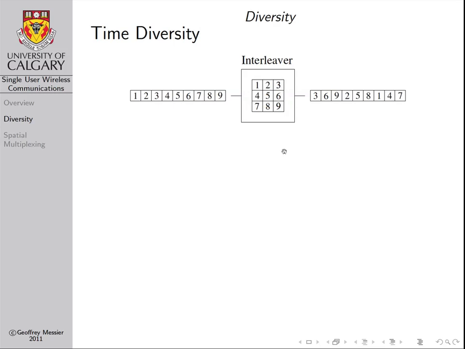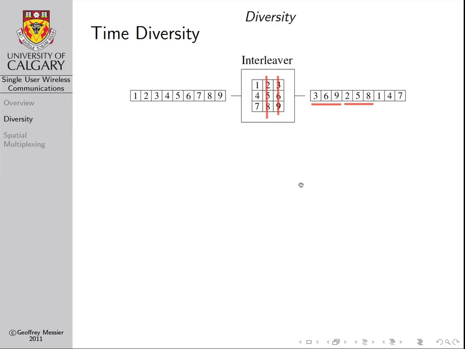Now, when outputting the bits from the interleaver, we output them column by column. So the first 3 bits in the output frame correspond to the first column. The second group of 3 correspond to the second column, and so on.